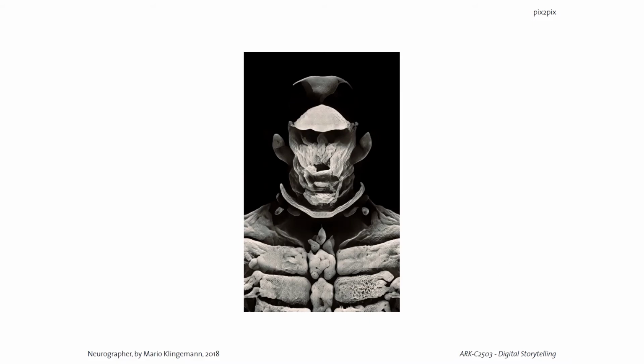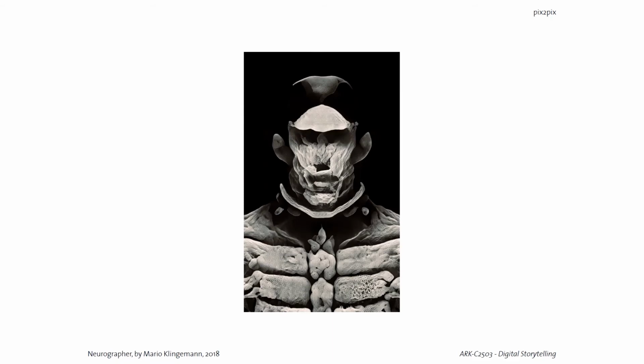So the network needs to use fragments of the images that it knows in order to reconstruct something that it sees for the first time. In some narrow sense, the machine is here being creative. And Klingemann was using this to create these sort of artworks.